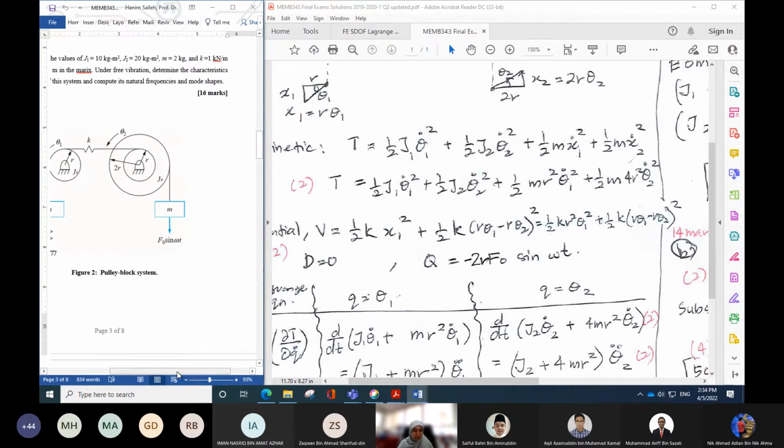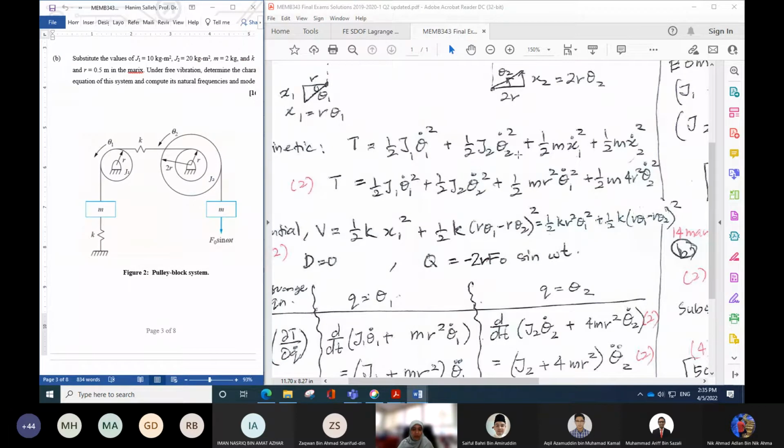So this side here, you have kx1 squared. I'm just calling it x1 and x2 here so that we know. Another part is this k, which has the relative displacement just now. So you just write everything squared.